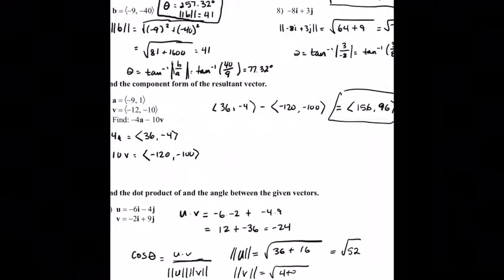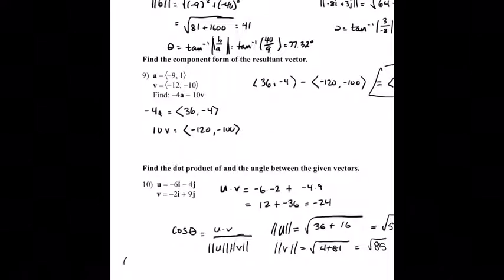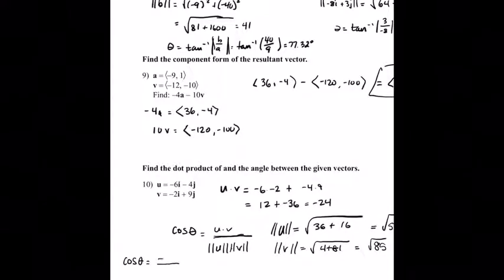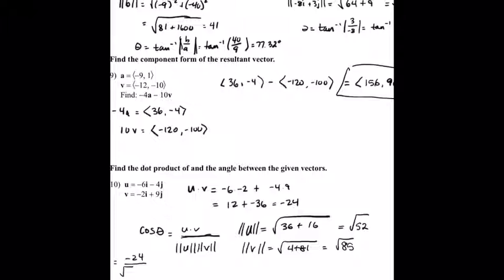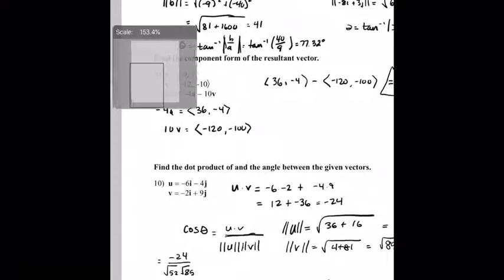So -2 squared is 4, 9 squared is 81. So this is the square root of 85. So the cosine is going to be the dot product, which we already found to be -24, and then it's the square root of 52 multiplied by the square root of 85.